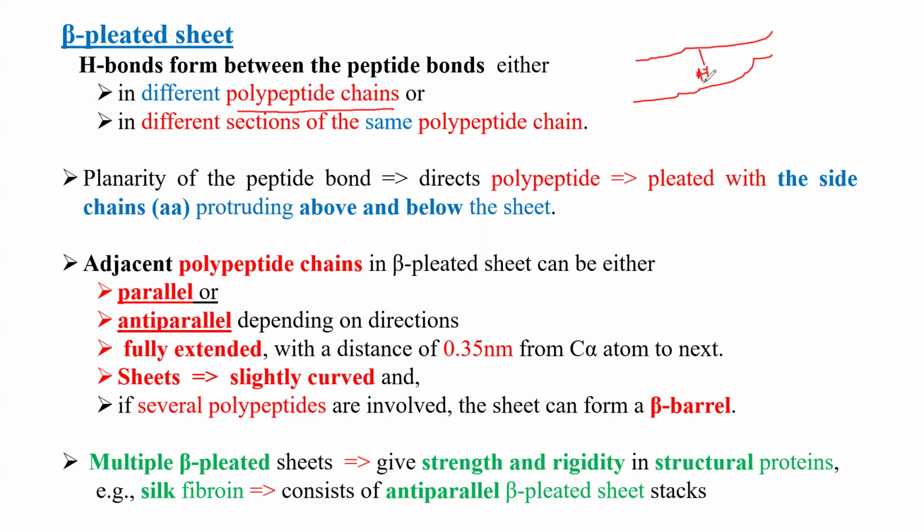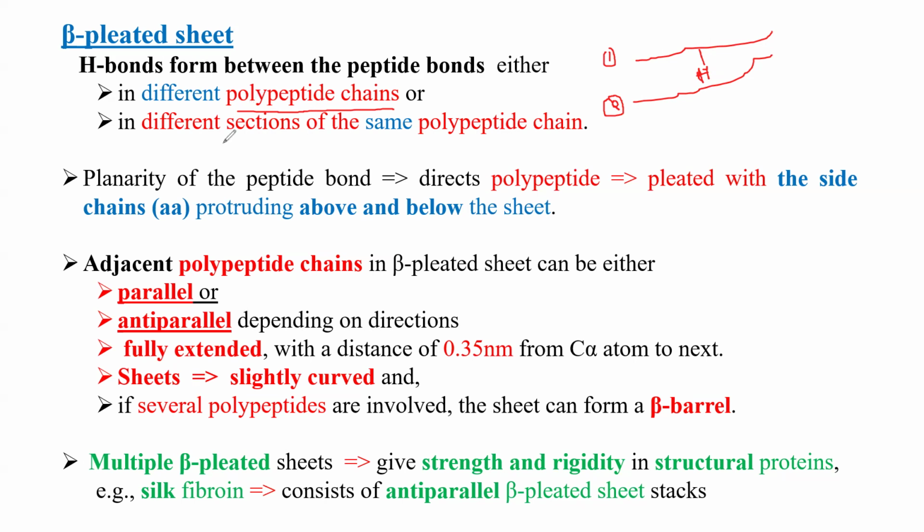For example, if this is one polypeptide and this is another polypeptide, hydrogen bonding exists between them. It can also form at different parts of the same polypeptide chain.